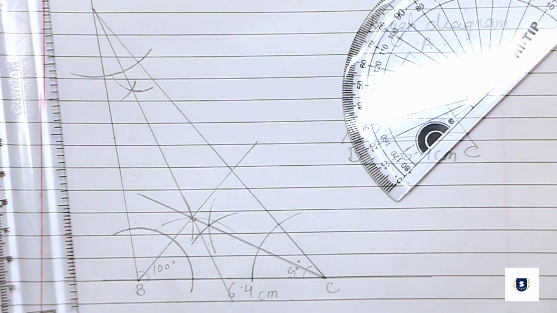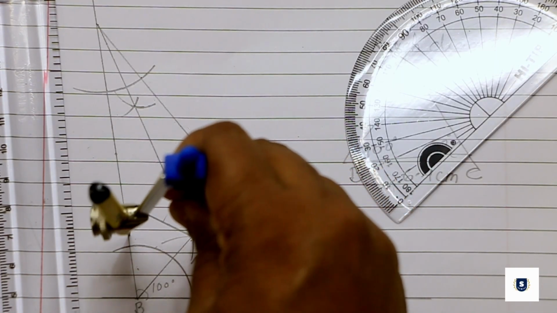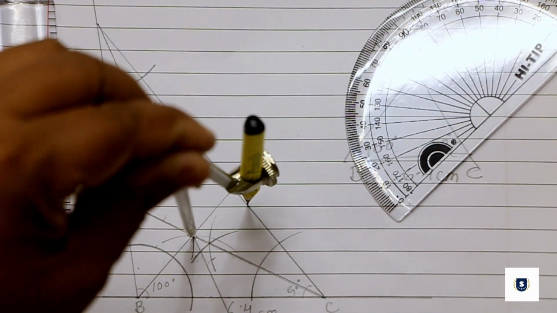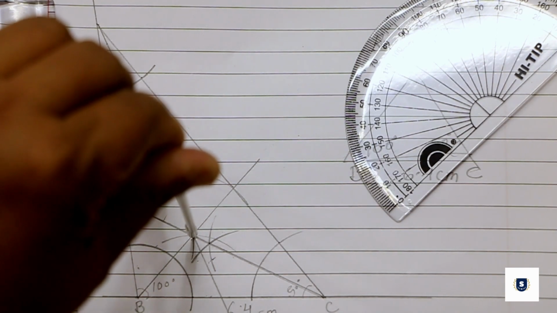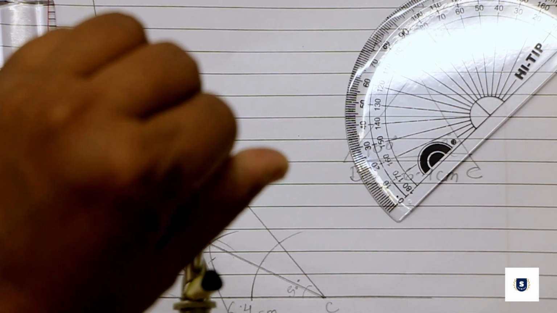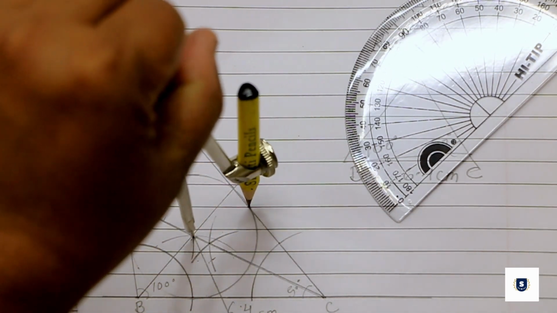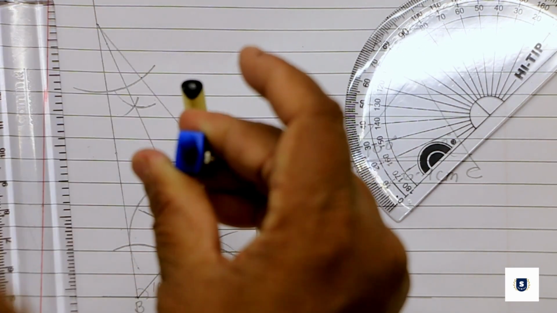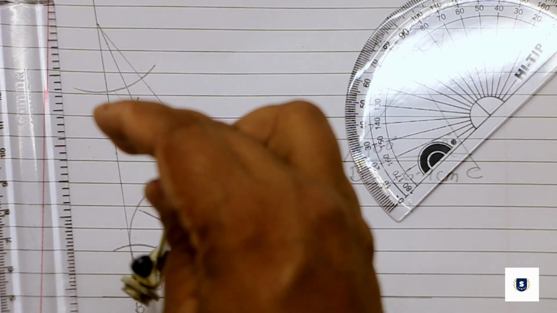So check whether your incircle can be drawn or not. See, we have got incircle. Very beautiful incircle we have got, children.